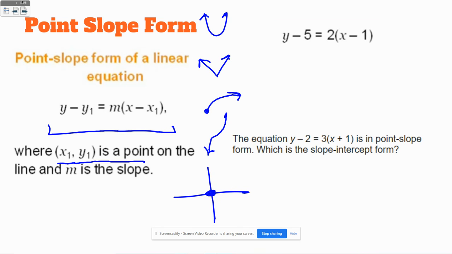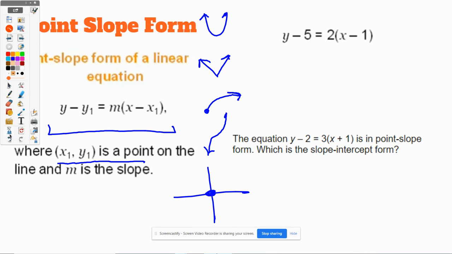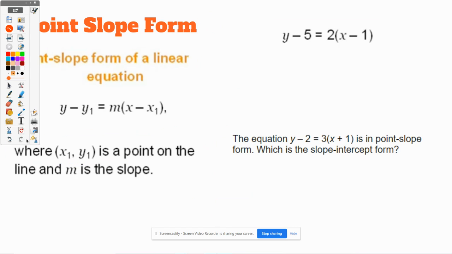So what we will do is we can take a point and move it left, right, up, or down, and the slope would be the stretch factor. Okay, so how does this work? Well, in this example here, what would the point be from this graph? Well, the point would be x from the x parenthesis, y from the y parenthesis.